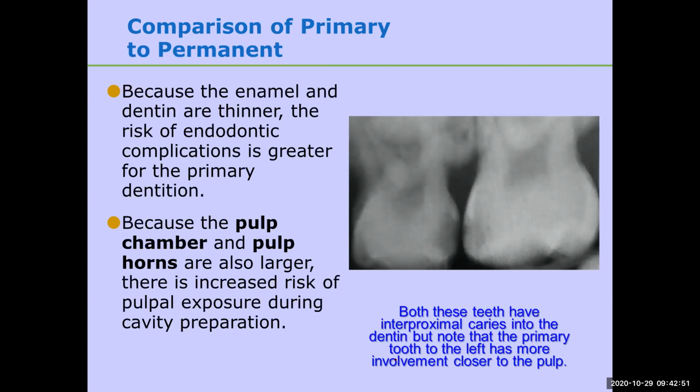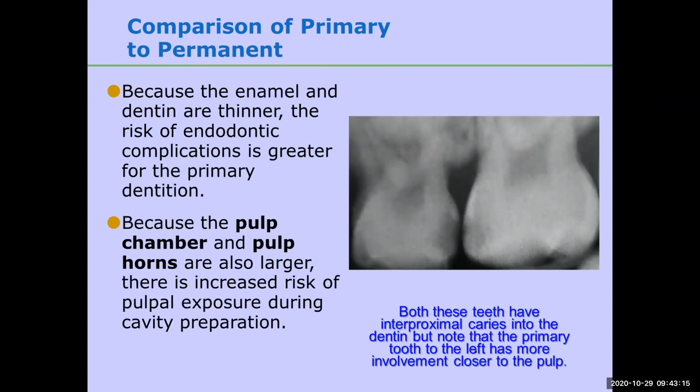Because the enamel and the dentin is thinner, primary dentition has a greater risk of endodontic complications, root canal complications. Because the pulp chamber and the pulp horns are larger, there's an increased risk of pulpal exposure during cavity preparation.